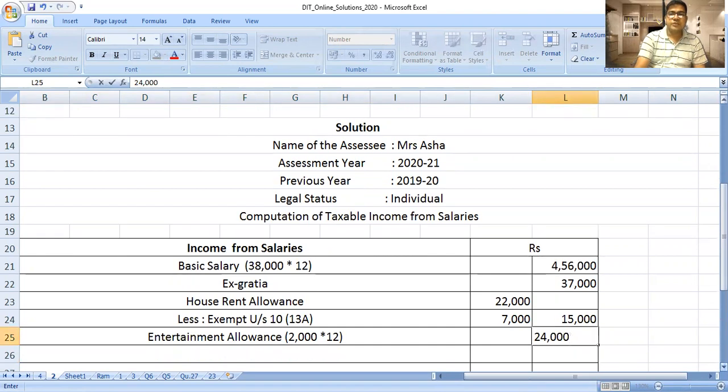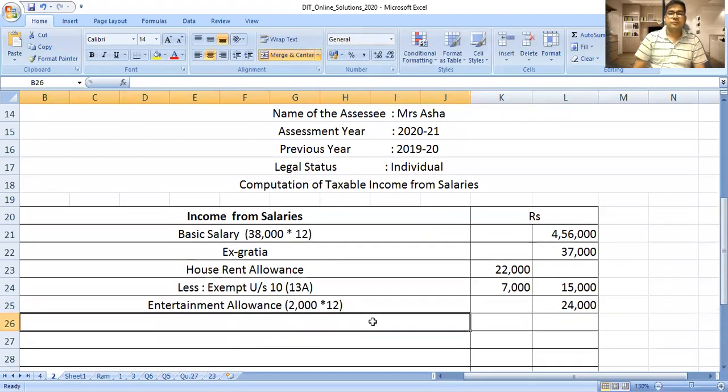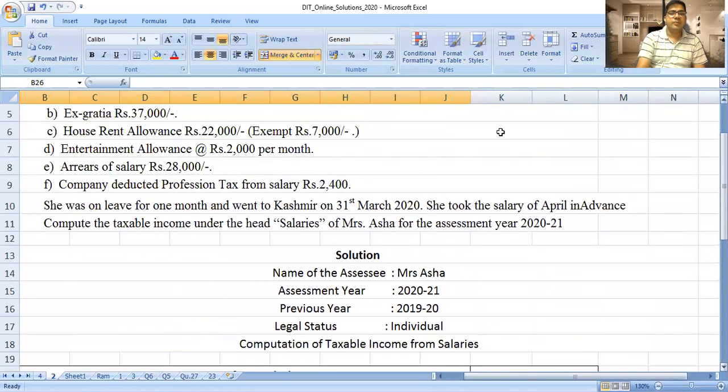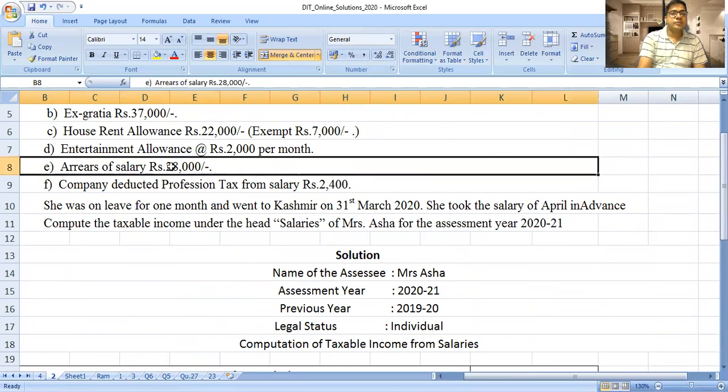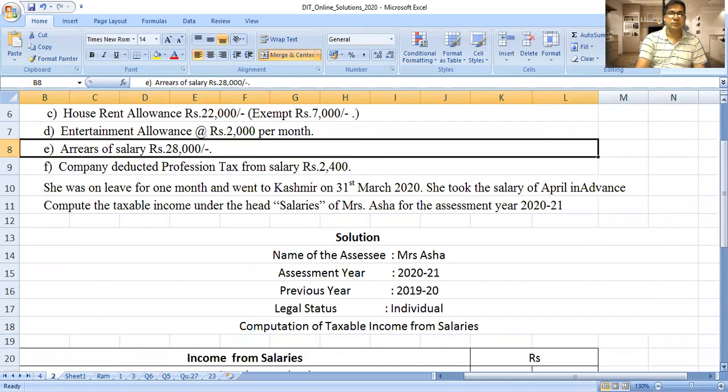After recording this 24,000, the next item in our problem is arrears of salary. Last 2 or 3 months arrears, maybe last 2 years arrears, received this year. The arrears of salary is always taxable.